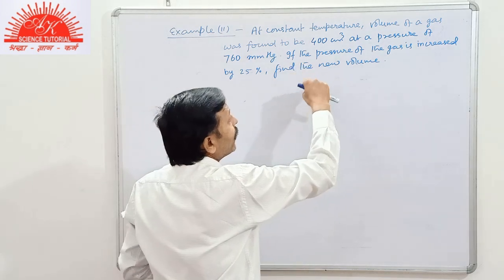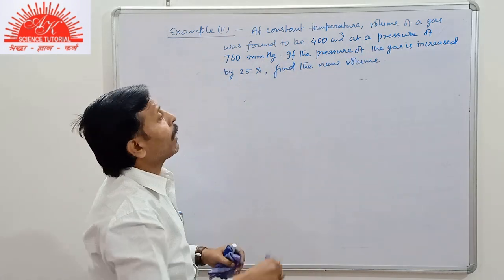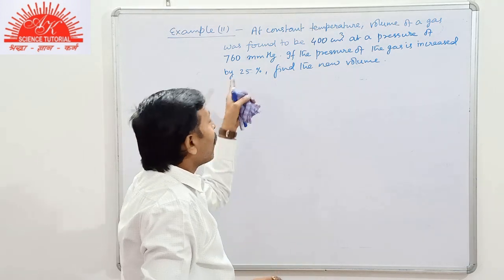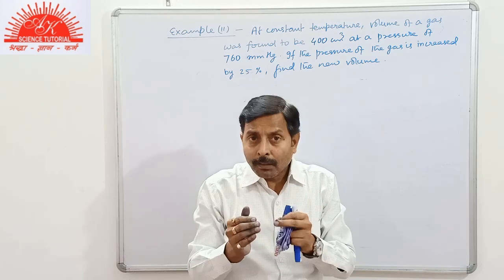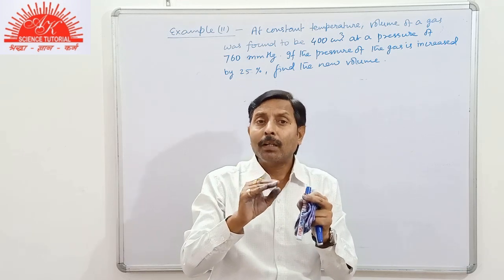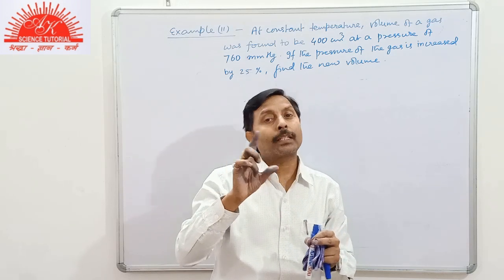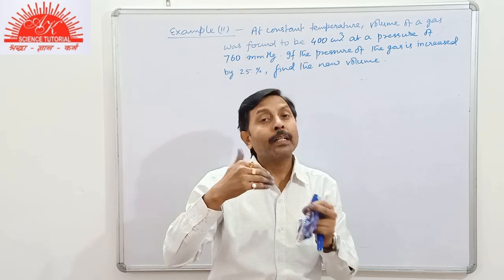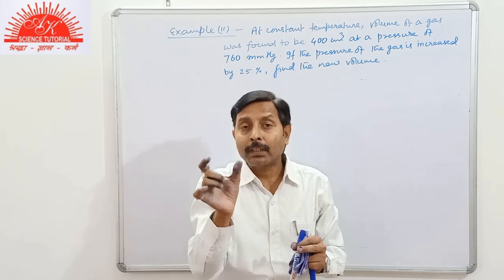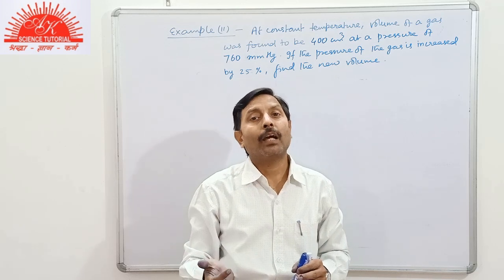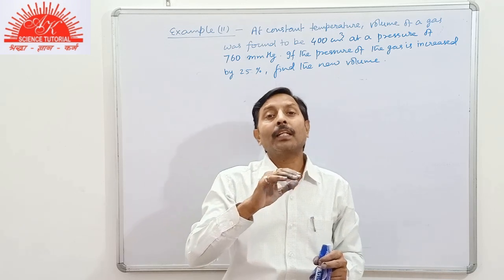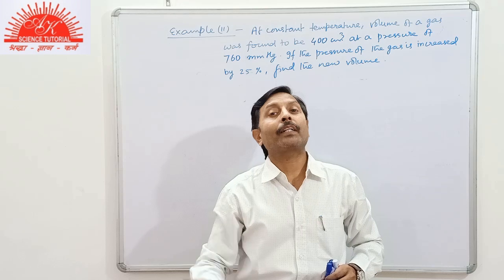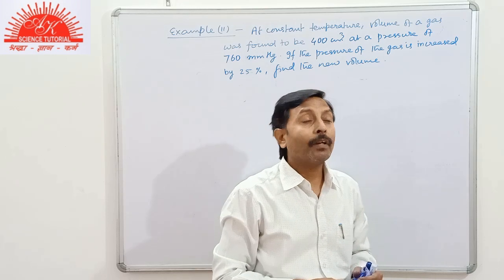Now, if the pressure of the gas is increased by 25%, here student you remember, when it is given increased by, then the final value, that is P2, will be initial value plus 25% of that value. Whenever a factor is given as increased by or decreased by, then that factor will be added to the initial value. But sometimes it is asked, the pressure is changed to 50%, 120%, 200%, then you will directly multiply the factor. So here it is given increased by.